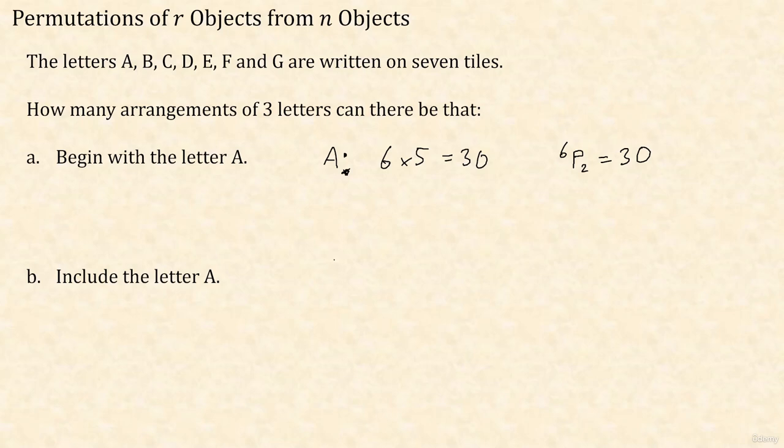Because let's say that one of the solutions before was A, D, F. Well, you could just change that by putting A in the middle or A at the end. So for any of the options that we had before, we're going to have 3 times as many now. So the answer of this is 30 times 3, and so there are 90 which include the letter A.